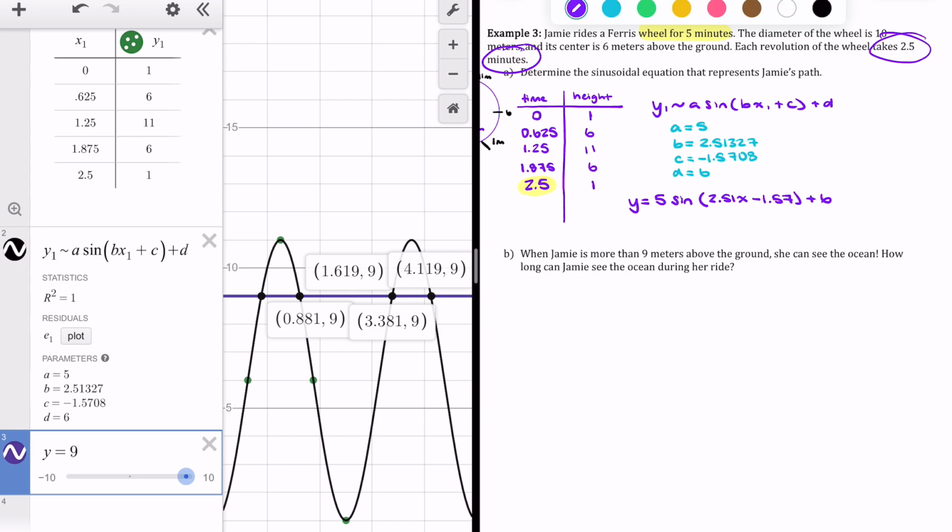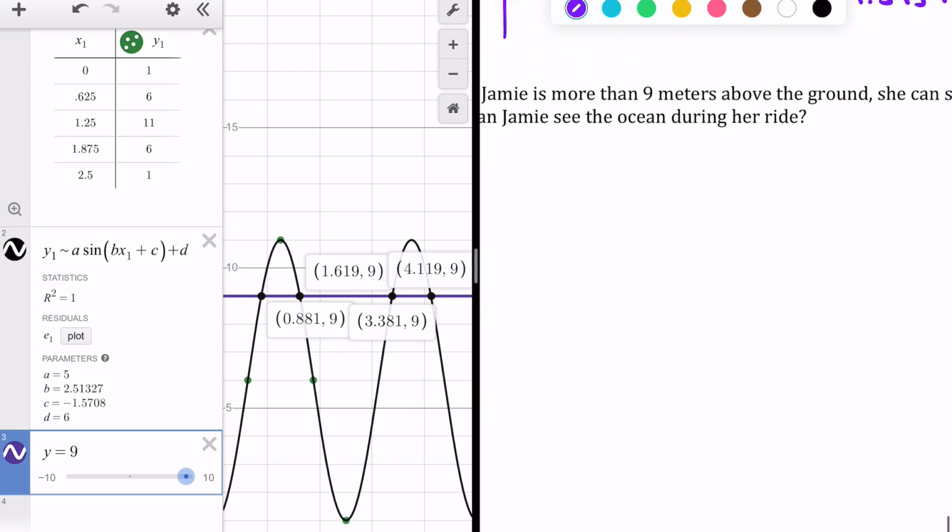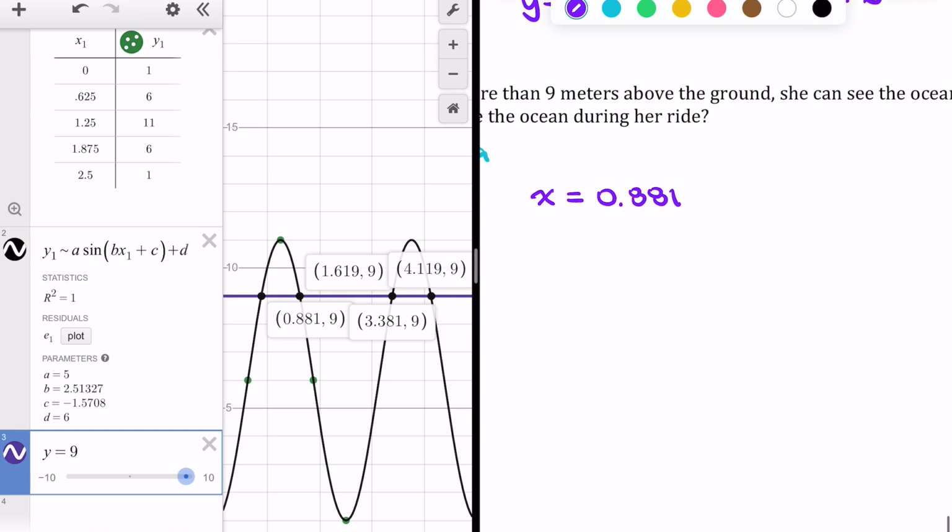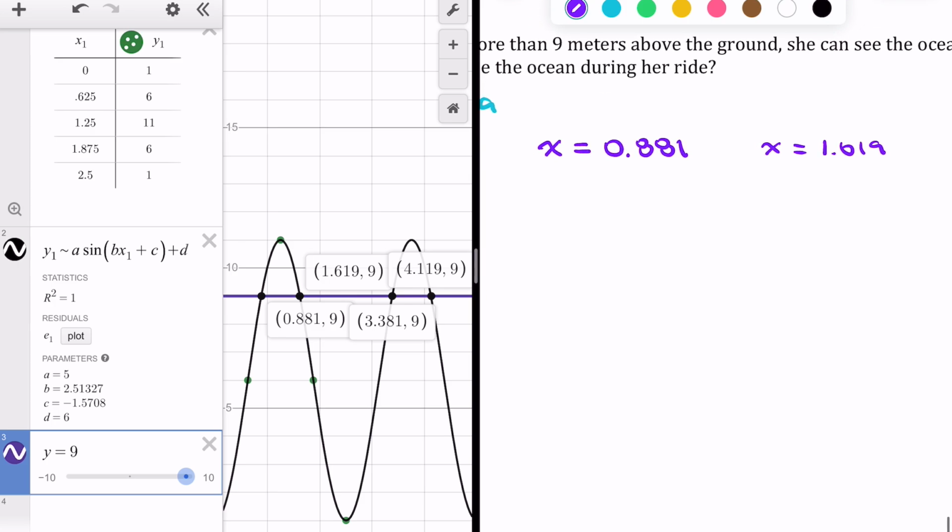So what I'm going to do is look at when I plug in y is equal to 9. I'm going to just look at that first bump, and that first bump gives me an x value of 0.881 and an x value of 1.619. And I'm going to subtract them, right?